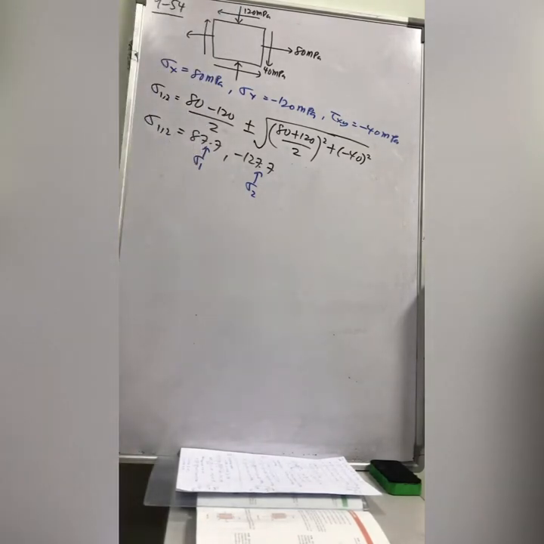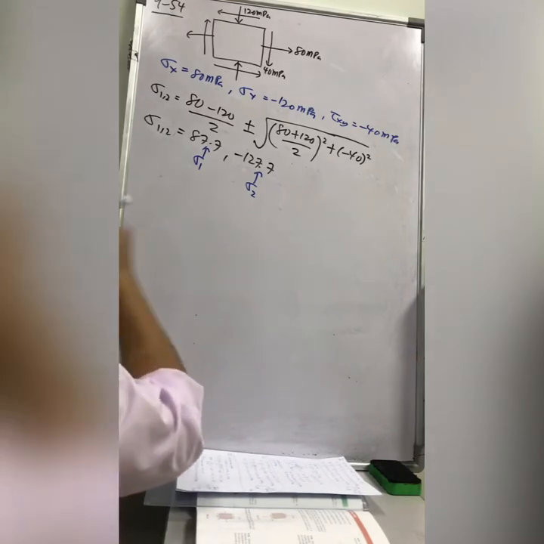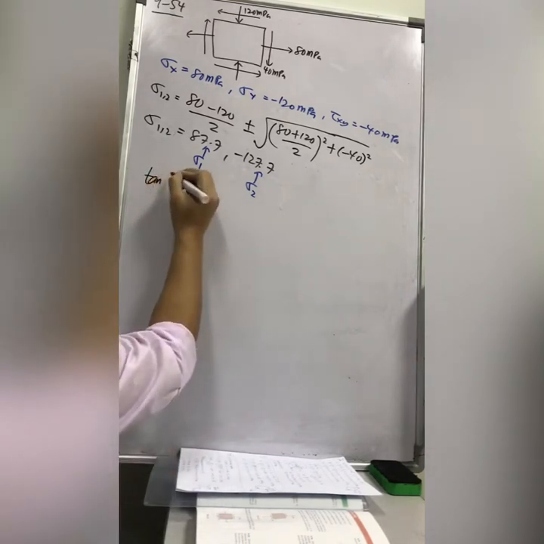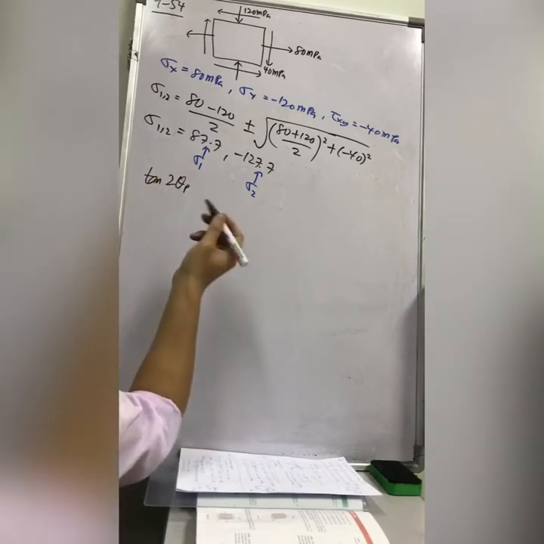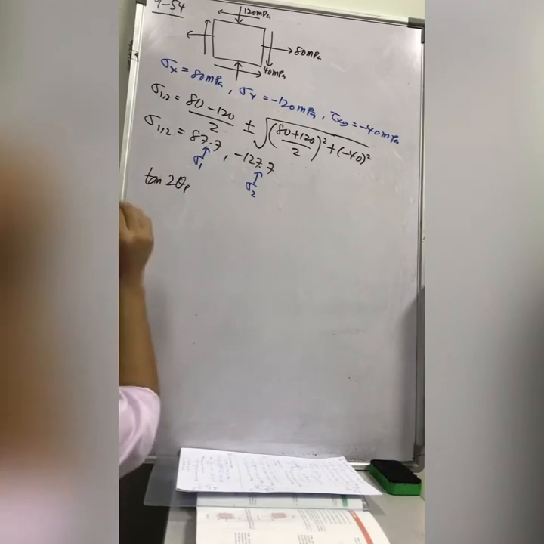Now, you have done this, so you need to find the angle. Tangent of 2 theta p, of course, you will have your theta p1 and theta p2 as well.